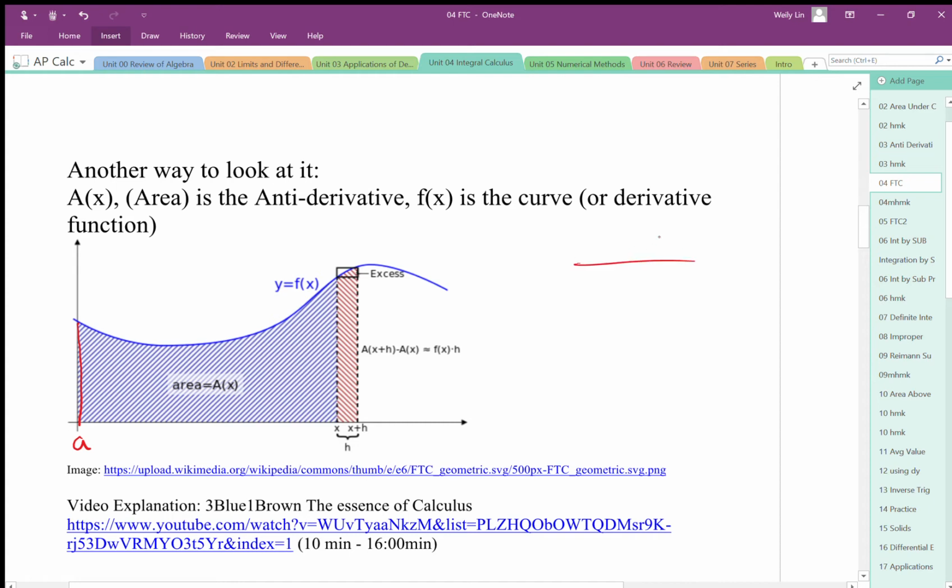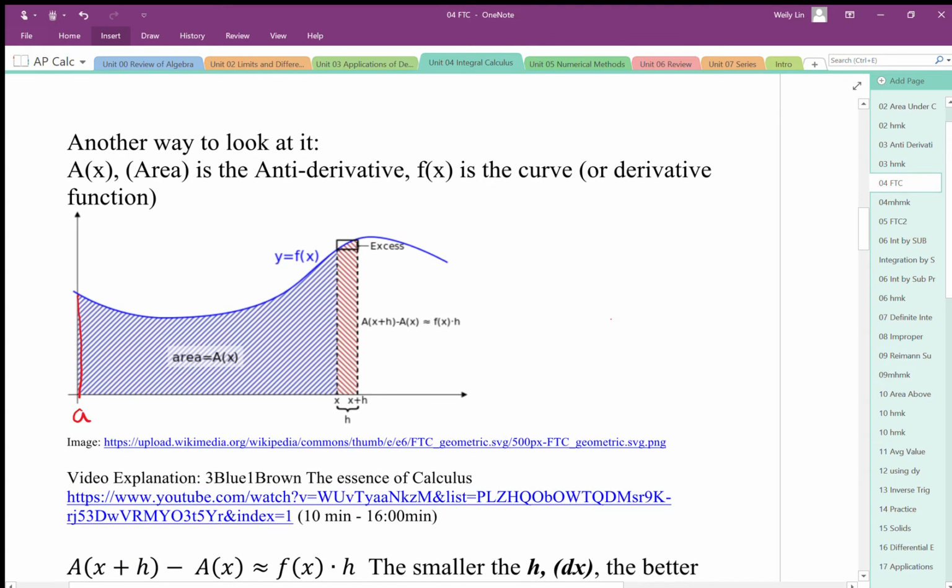Okay, so we could make a table of values, x, A of x, and if it stops at 0, it's going to be 0 area. If it stops at 1, it's going to have area 5. So we're essentially saying that where x stops is going to give us different areas, and we're going to call that a function. Okay, that's our area function, and it's what we also call the integral, right? So that area is our integral.